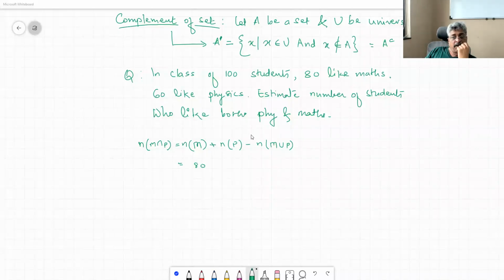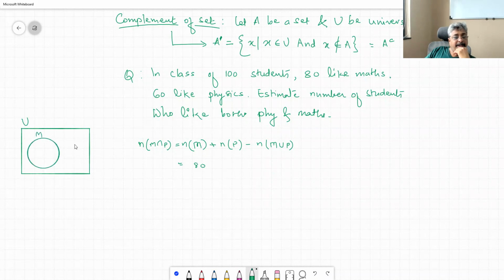So using inclusion exclusion or using a geometric diagram, we can solve this problem. This is universal set U. You have one set which is M, maths, another set which is physics, and there is some intersection. Total elements are 100.